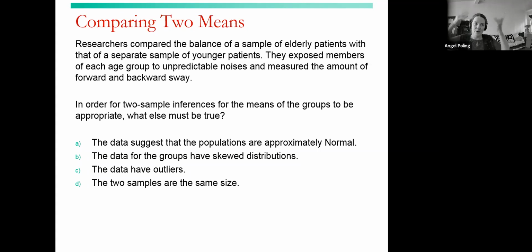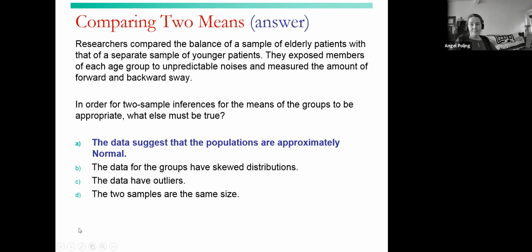So I guess there's ways it could be bimodal and it would be out, but right, we're looking for unimodal, symmetric, not skewed, no outliers. And we have to plot these things to make that decision. So the data suggests that the populations are approximately normal is one of the conditions that we need in order for two sample inferences for the means of the groups to be appropriate.